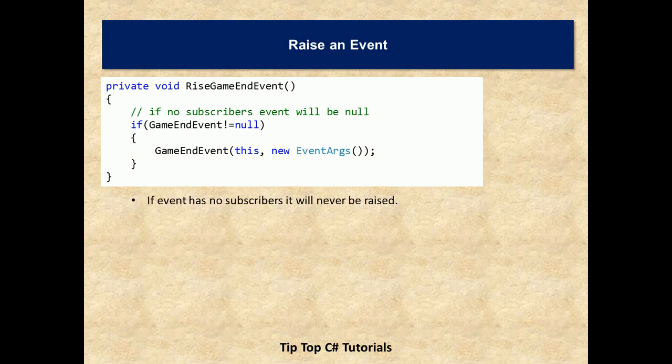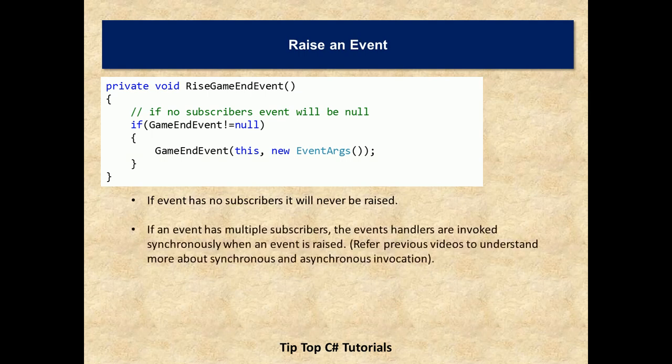If an event has no subscriber, it will never be raised. If an event has multiple subscribers, the event handlers are invoked synchronously when an event is raised. How synchronous and asynchronous things are handled within Delegate is already shown in the previous video.